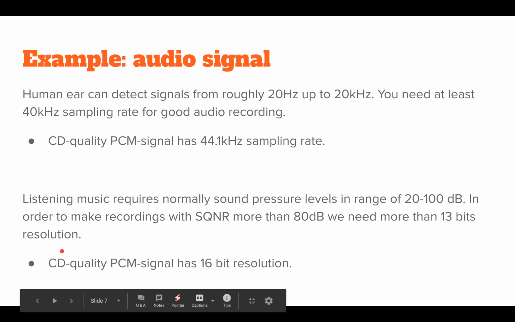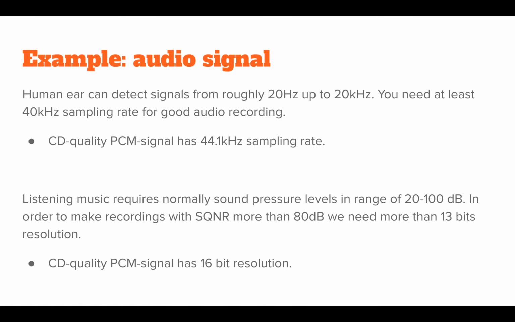Listening to music normally requires sound pressure levels in the range of 20 to 100 decibels. 20 decibels is so small that you barely can hear it. It's a level that is already humming in your ear when your blood is circulating in your ear, so you get about 20 dB from that. 100 dB is when you are starting to hurt your ear. 100 dB you can still tolerate on peaks, but not for continuous signals.